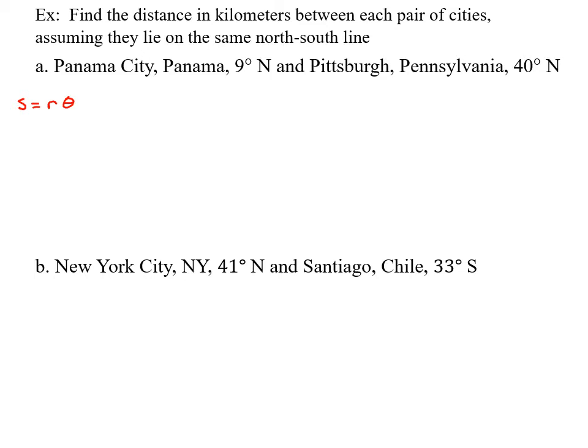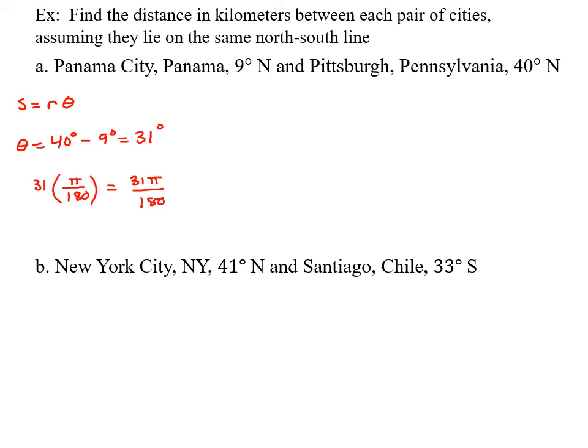So here my theta will be 40 minus 9, which is 31 degrees. I don't want it in degrees, so I have to change that to radians. I'll just take 31 and multiply it by pi over 180. But 31 is a prime number, so it won't simplify. So I'm just going to leave it 31 pi over 180. And that'll be my angle.